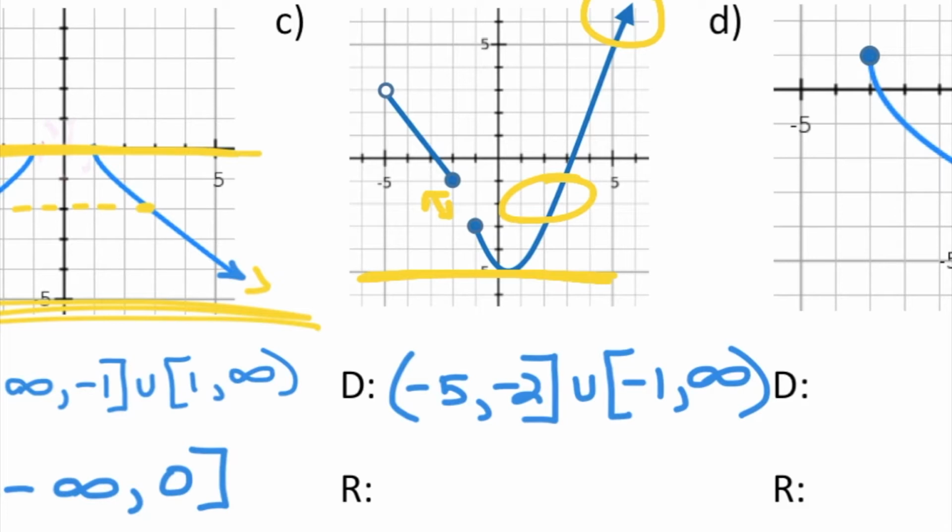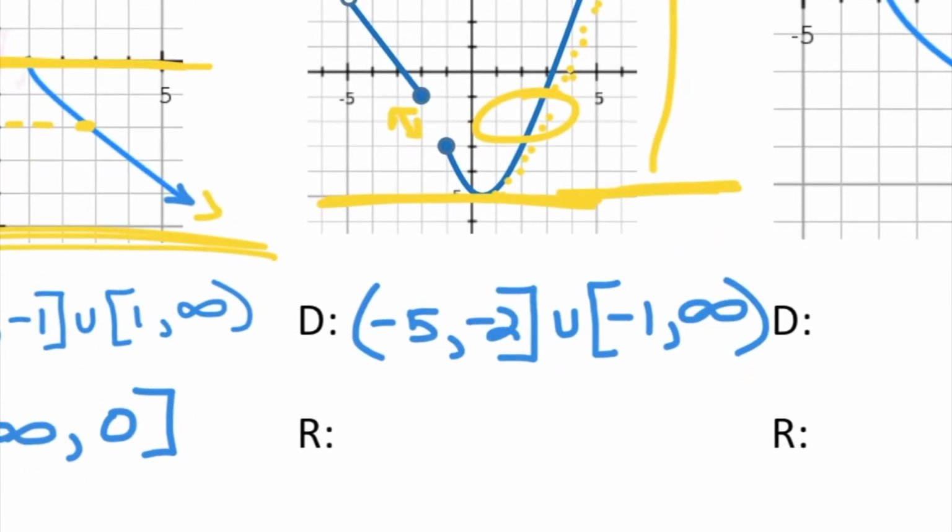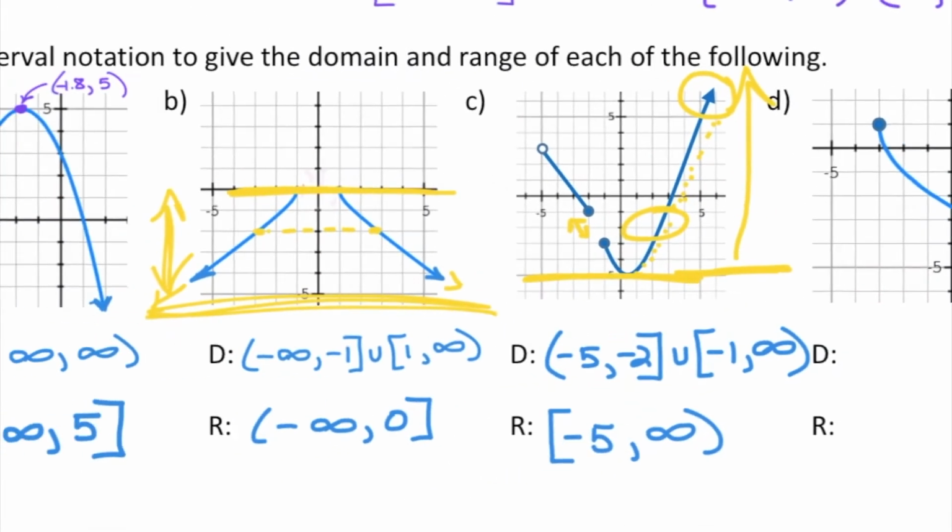So your range starts here at negative 5 and goes up forever. And there's no y values missing because of this portion of the graph that's right over here where I'm drawing the dots. And so the way I'm going to write my range is to start at negative 5, including negative 5, and go to positive infinity like that.